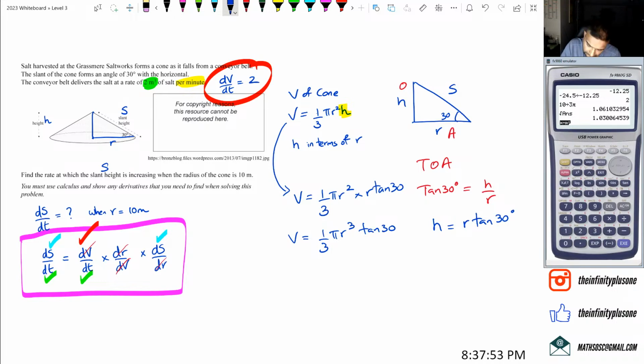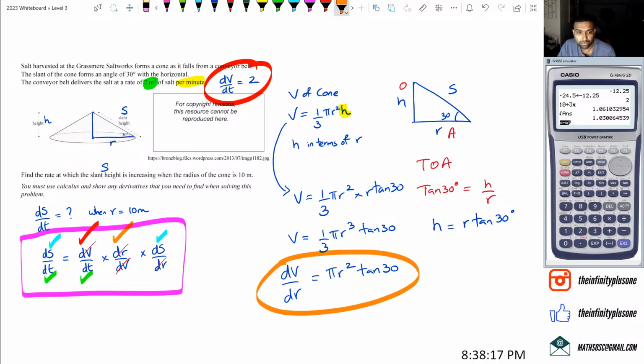The 3 and the 1/3 cancel out, and I'm going to get pi r squared tan 30. So I've done dV/dr, but remember we're going to write that as dr/dV, so I need to flip it. So dr/dV is 1 over pi r squared tan 30.